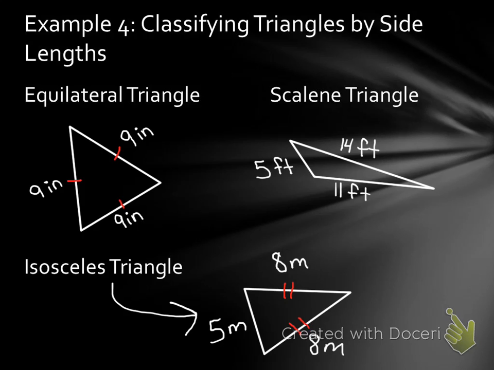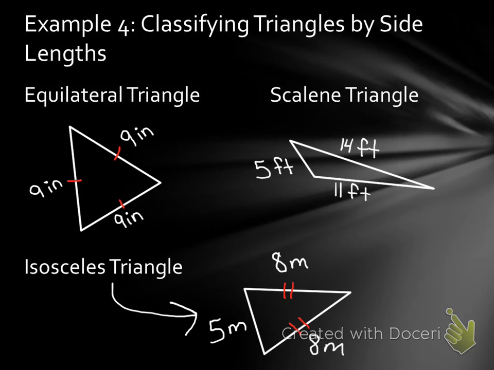So all 3 sides of this triangle will be the same measure. Here I have all 3 sides equaling 9 inches. With a scalene triangle, all 3 sides are different measures. There's no one side that is the same measure. And with an isosceles triangle, at least two of the sides are the same measure, but one of the sides is not.